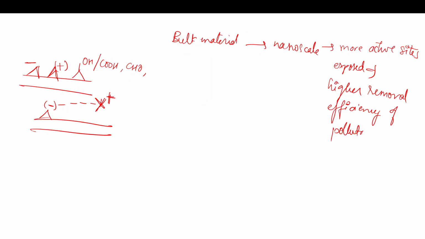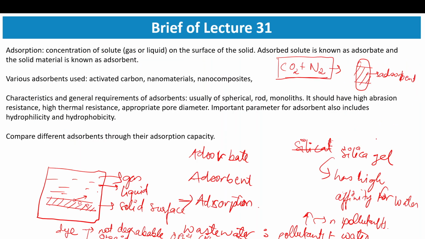So that is why we can take any material and try to convert it into nanoscale, either by crushing it or by some different synthesis methodology. And if not nanoparticles alone, we can have even composites of two nanomaterials to enhance the efficiency, to enhance the affinity towards the pollutants, or any different requirement which we might have.